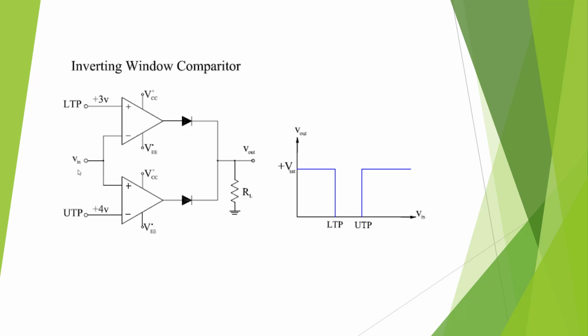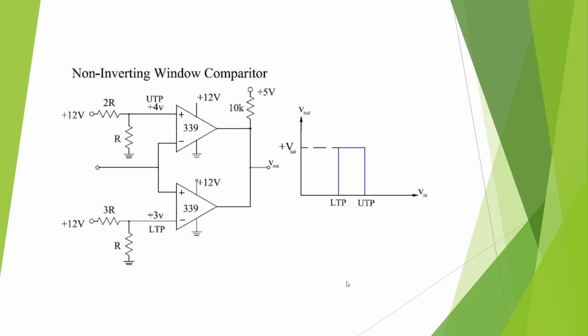If I put 3.5 in here, 3.5 is greater than 3, it's going to go to the negative rail, which is low. Here we have 3.5, which 4 is greater than 3.5, so it's going to go to the minus rail. So between those 2 points, 3 and 4, we're going to go low. Everywhere else above and below our trip points, it's going to be positive.